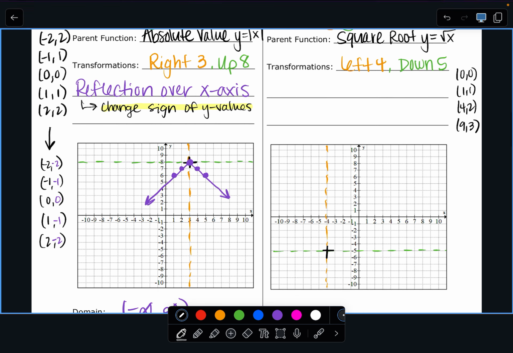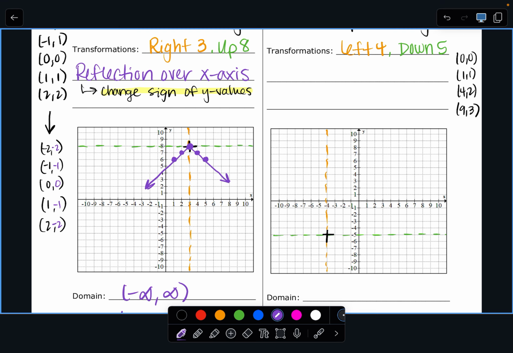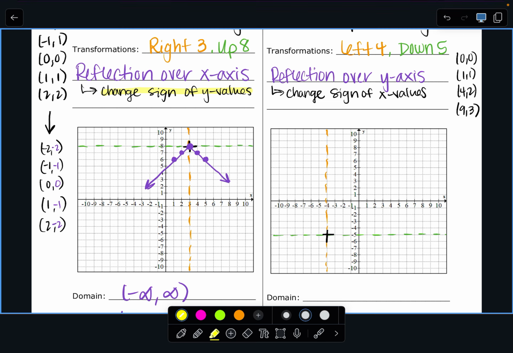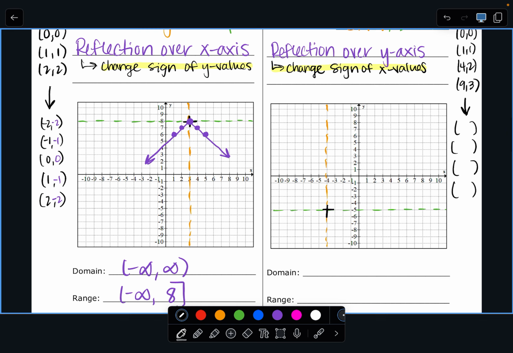Now, before I do my reflection, I'm going to identify it. This is a reflection over the y-axis. And we apply it by changing the sign of x values. And so when I change the sign of these x values, that means the y value is going to stay the same. So I like to fill in the values that do not change just so that I don't make an error and change something that I'm not supposed to.